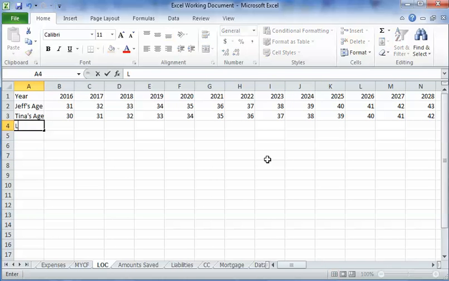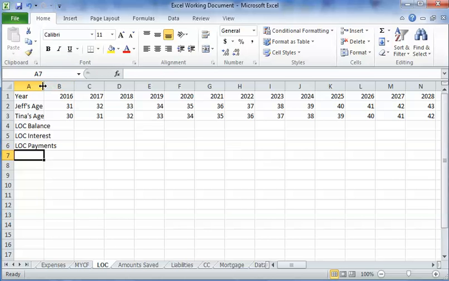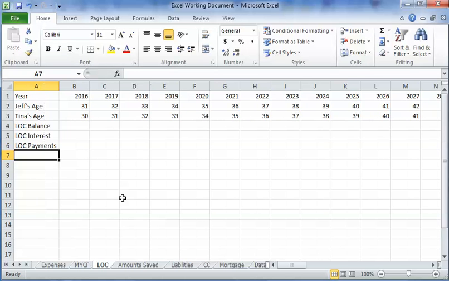And we're going to look at the line of credit principal, or line of credit balance if you prefer, line of credit interest, and the line of credit payments, essentially just repeating the process for what we just did for the credit cards.